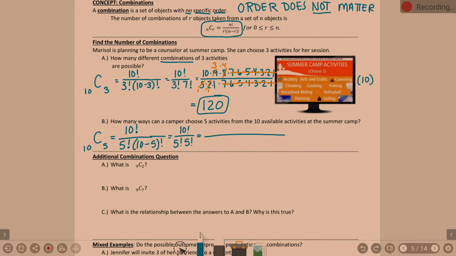Okay? 10 factorial means 10, 9, 8, 7, 6, 5, 4, 3, 2, 1. 5 factorial means 5 times 4 times 3 times 2 times 1. Another 5 factorial means? You would cancel the second set. Technically, it doesn't matter which set you cancel, but can you cancel one of those 5, 4, 3, 2, 1s? You can.